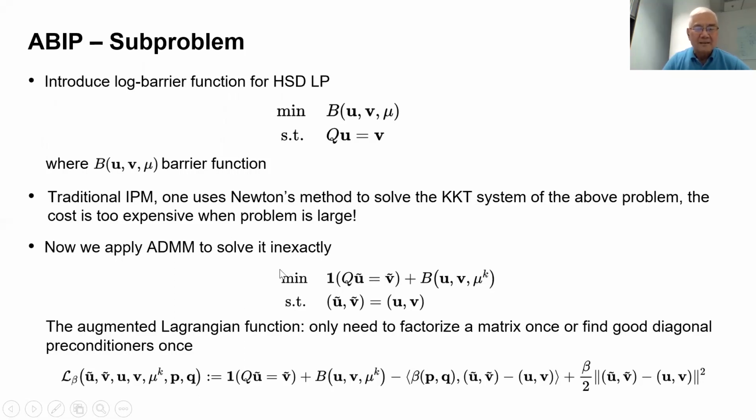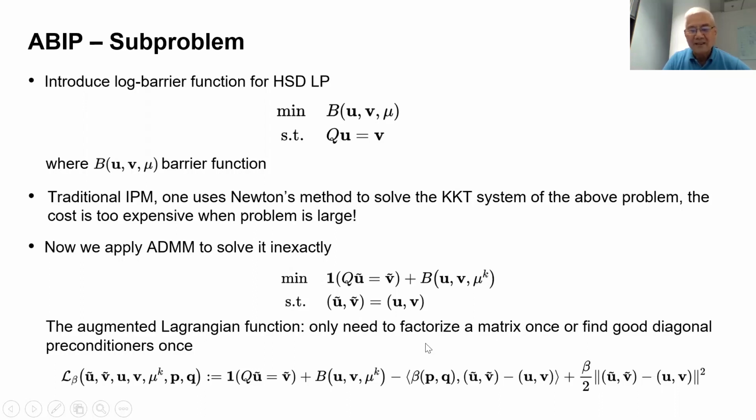The reason we want to use ADMM rather than the Newton method is that with the Newton method, each time we solve these problems, we need to refactorize the matrix, because we need to solve a system of linear equations which is changing over iterations. However, when we use ADMM, we don't need to. For the update on one block of variables, we only need to solve a system of linear equations with the same matrix on the left-hand side.